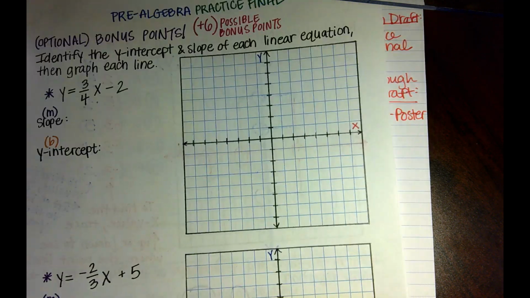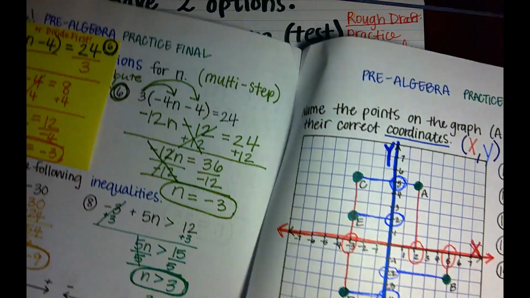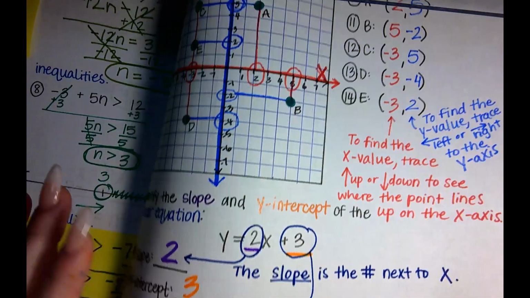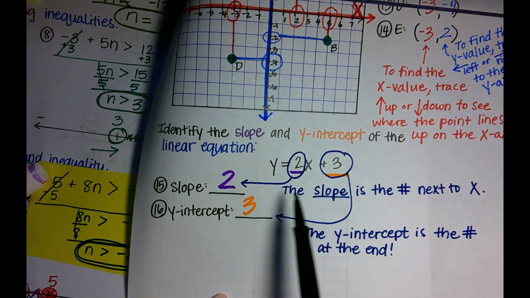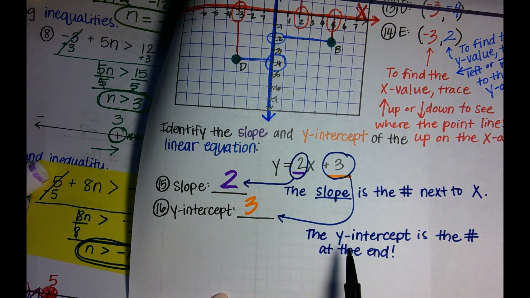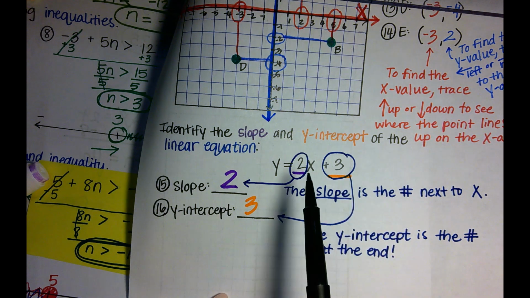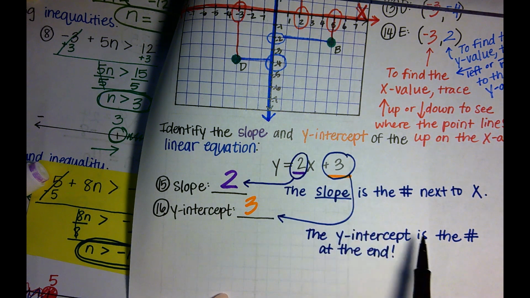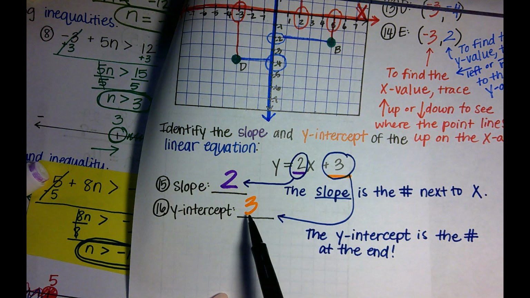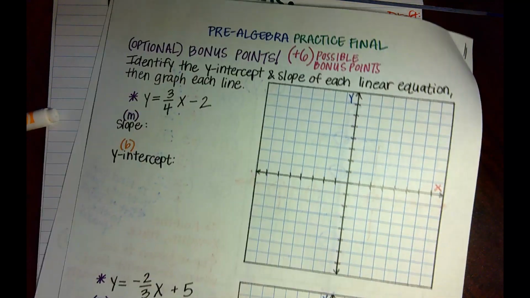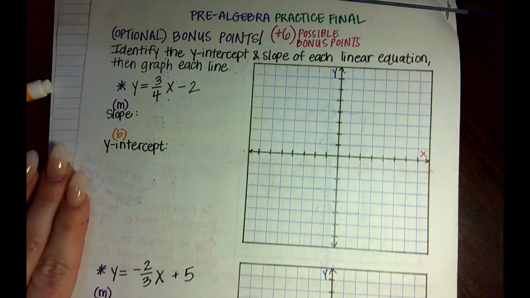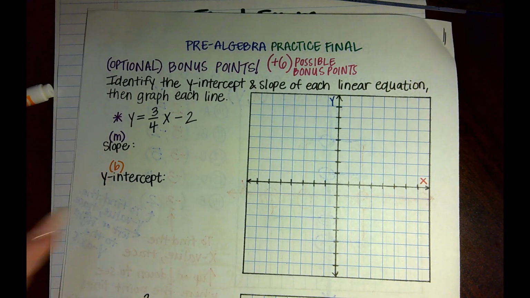Back on page 3, we learned how to find the slope and the y-intercept. The slope is the number next to x. The y-intercept is the number at the end. On our bonus questions, that's the first thing we look for.